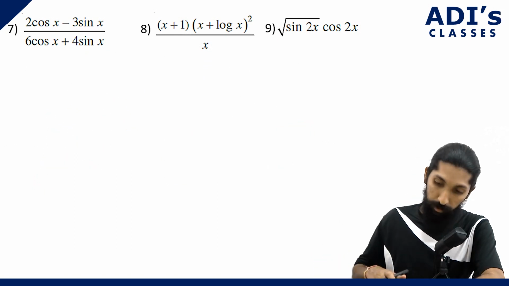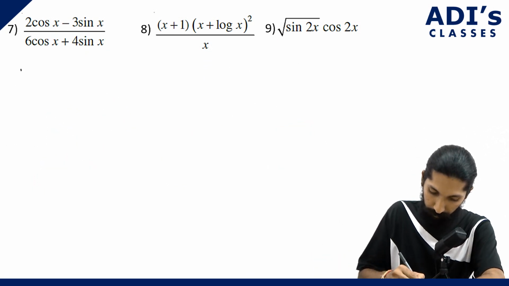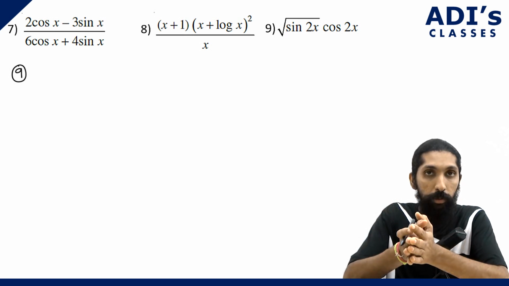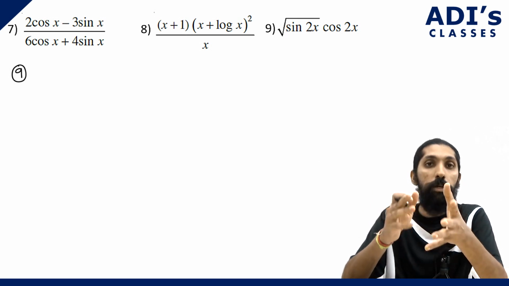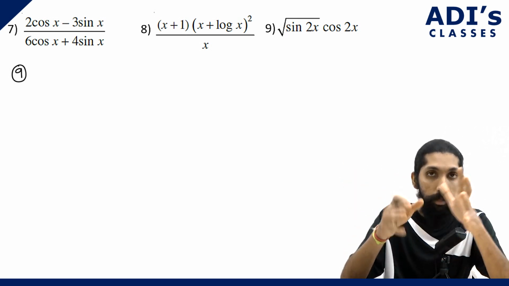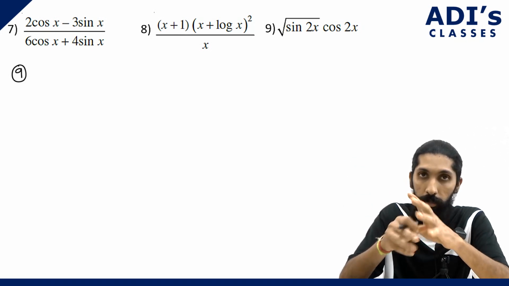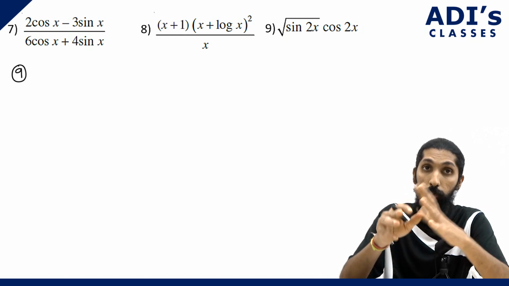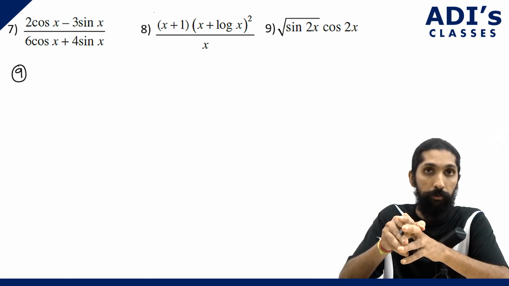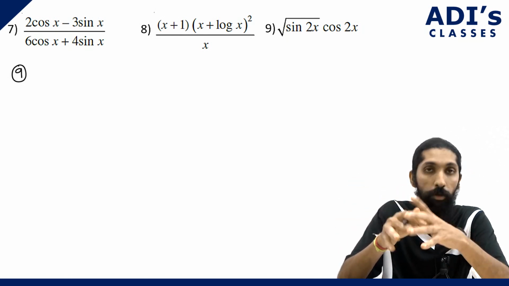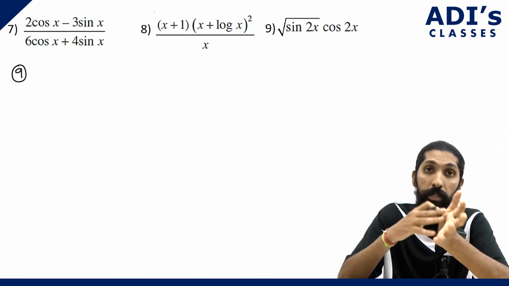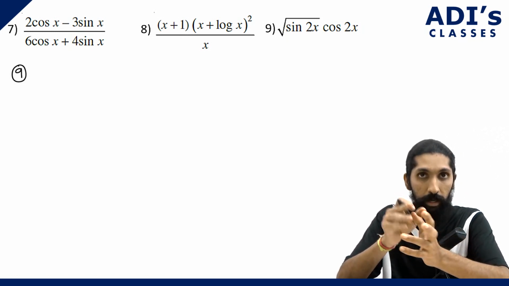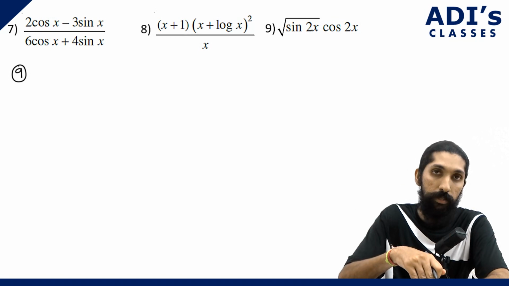See the ninth one? See here, sine 2x is under the root, cos 2x is outside the root. Now think about it. Are you going to take sine 2x or cos 2x as t? Think about it. What is outside the root and what is inside the root? So if you look closely, then sine 2x taking that as t is going to make a lot of sense, right?